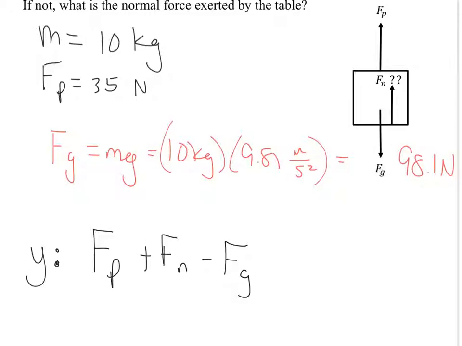Now, what did Newton's second law tell us? Every action has an equal and opposite reaction. That's another one of them. What's the other one? It's his most famous law.